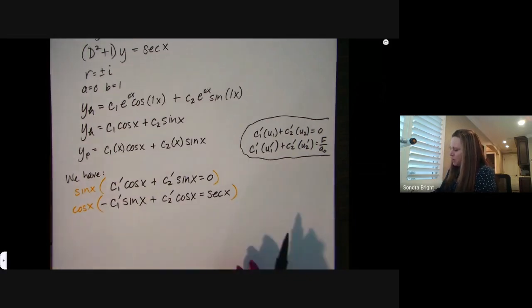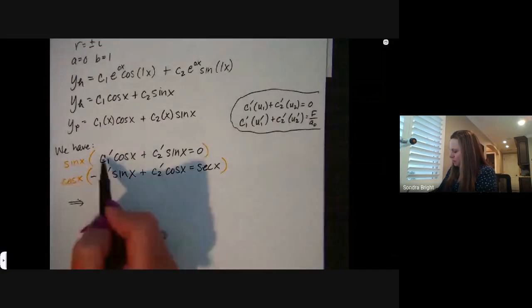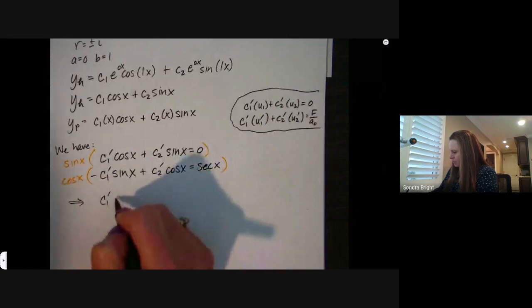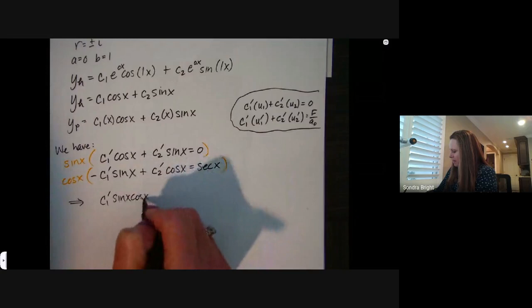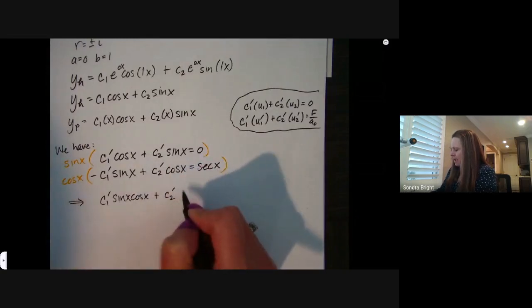Distributing, I have C1 prime sine x cosine x plus C2 prime sine squared, and sine times 0 is still 0.